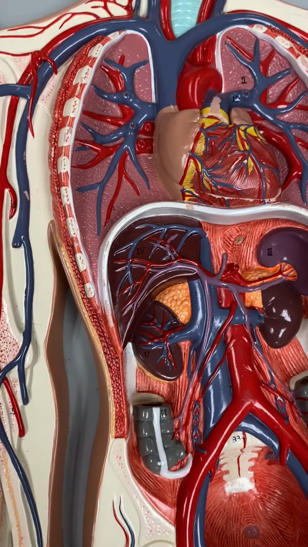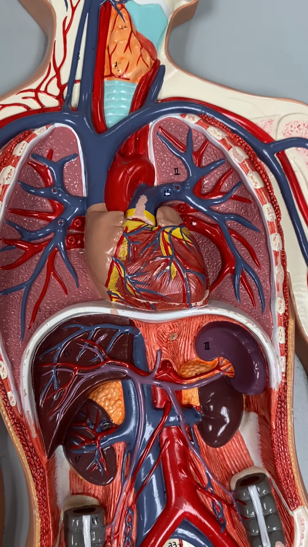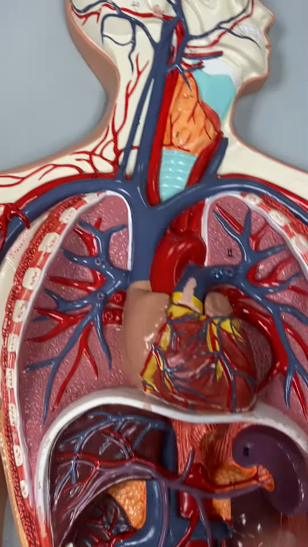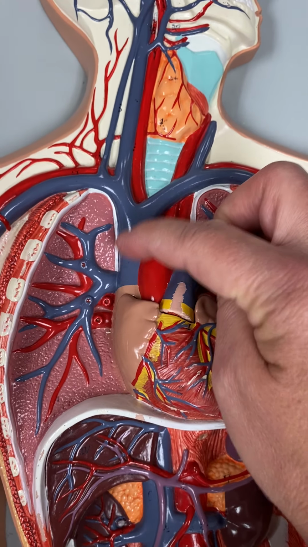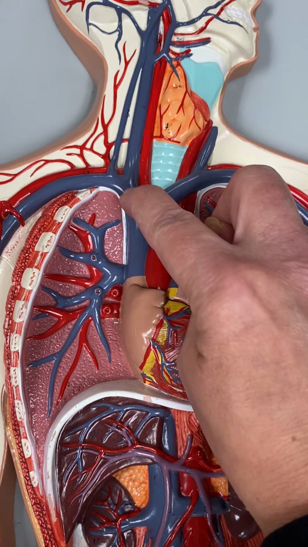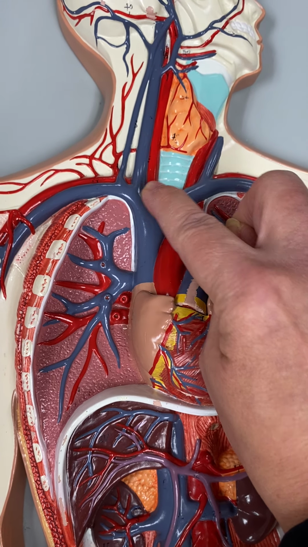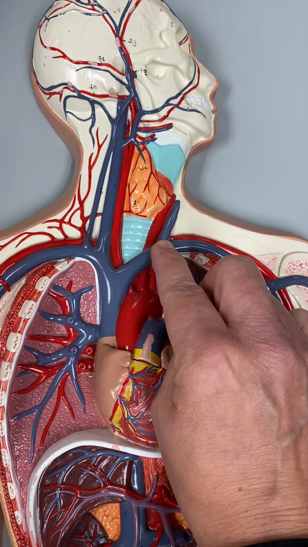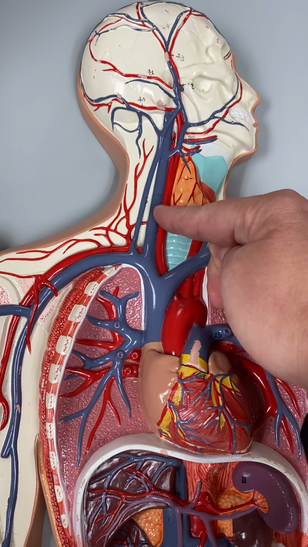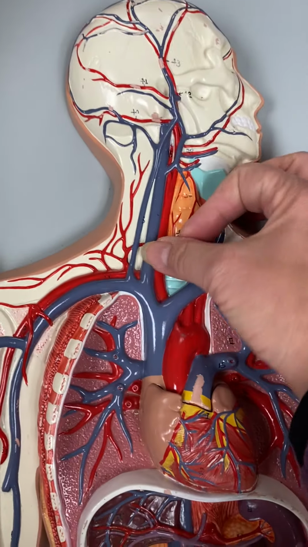Okay, now let's go up into the upper body. So we have the superior vena cava, and here's a left brachiocephalic and a right brachiocephalic vein. Remember, we just had the brachiocephalic trunk with the artery, but here we have veins, left and right. And remember, this is common carotid, the red one. Instead of a carotid vein, this is called the jugular.